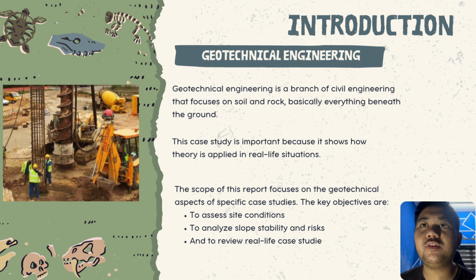The test involves driving a cone-tipped steel rod into the ground using a standard weight dropped from a fixed height. The number of blows per depth gives an indication of the soil resistance, helping the engineer estimate bearing capacity and soil layers with minimal equipment and disturbance.